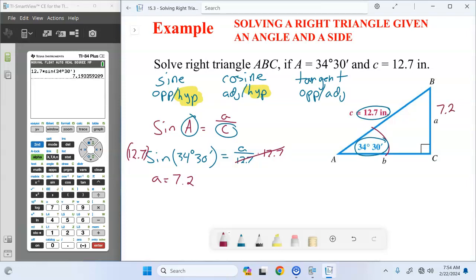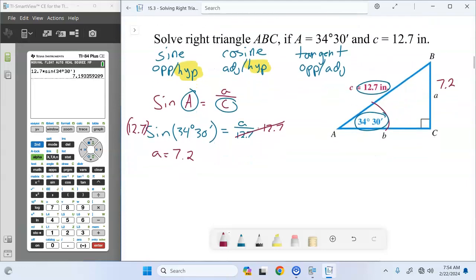Okay. So if I want to solve for side B, what ratio am I going to use? I use sine to solve for A, cosine for B, because that's my adjacent side, right?